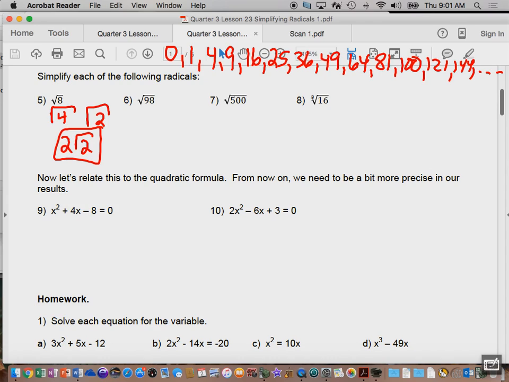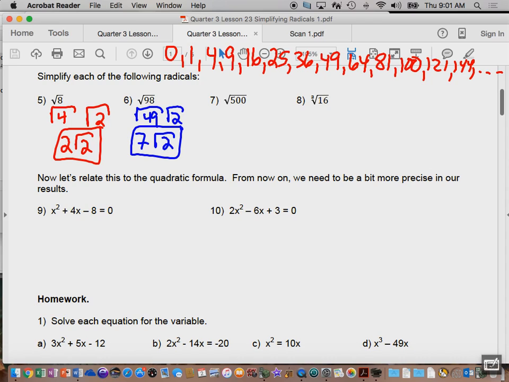Anthony? 81. No, it's got to divide in evenly. It can be no leftover. Kim? 49. So I'm going to go square root of 49, square root of 2. Anthony, thank you for bringing that up because I wasn't clear about that. And now everybody understands that. And what is the square root of 49, everybody? 7.